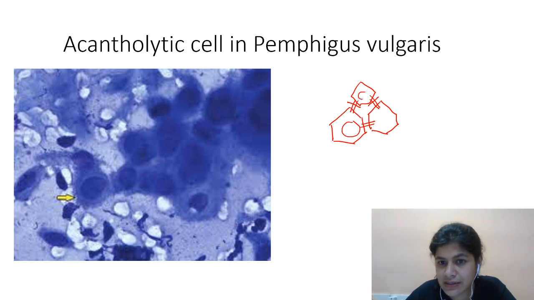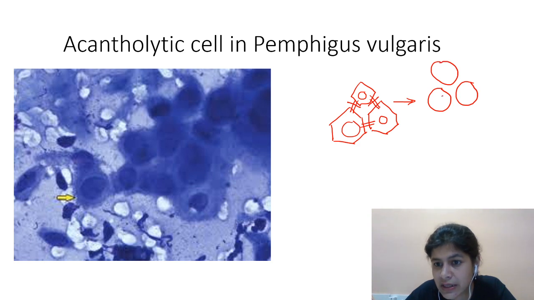So these cells, they were like this. They will not be able to maintain their shape, and hence they will get converted into cells which are going to be rounded. So the polygonal shape is lost, and the cells tend to become rounded. In addition, because they become rounded, they will have a huge nucleus in the center, and they will have peripheral condensation of cytoplasm.